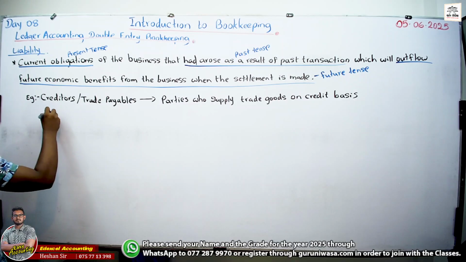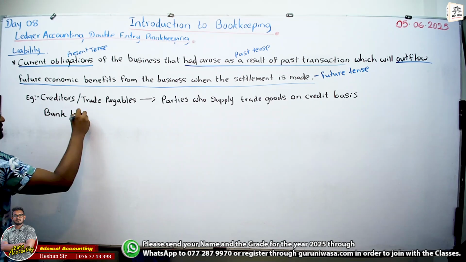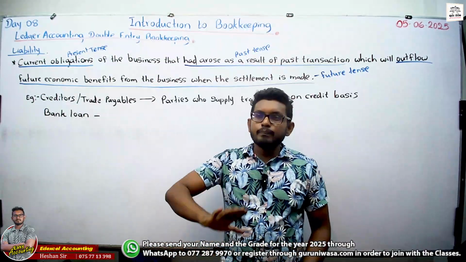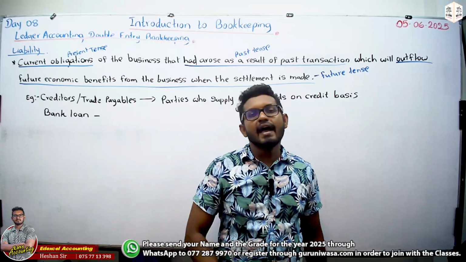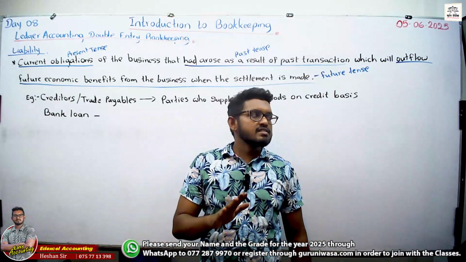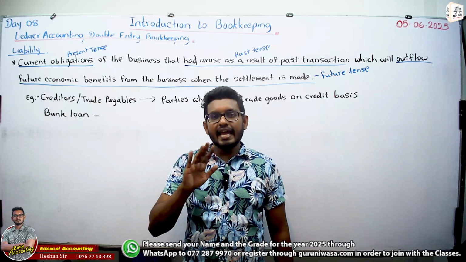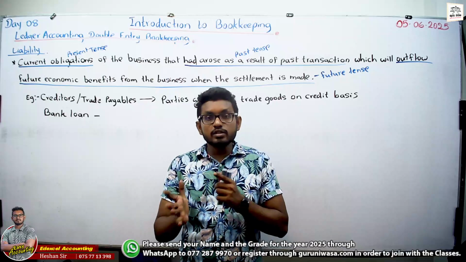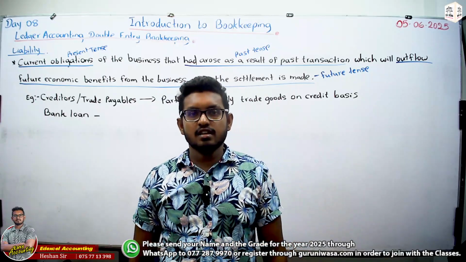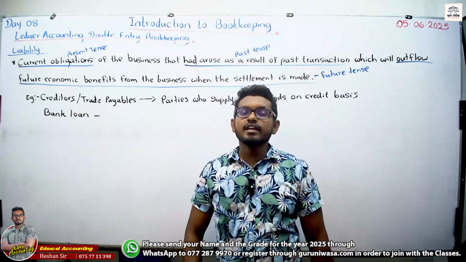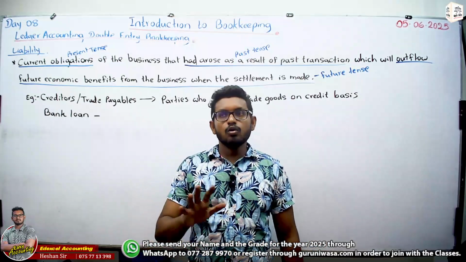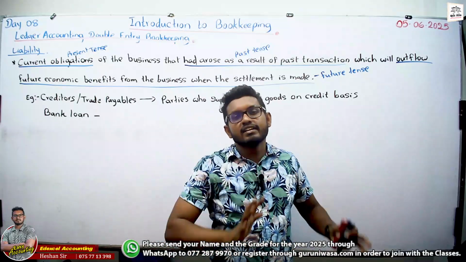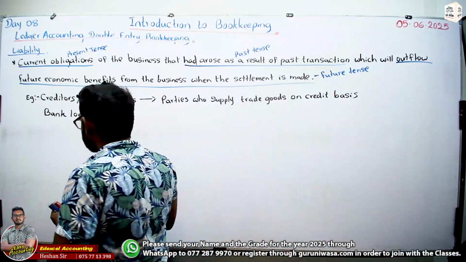bank loan. What is a bank loan? Normally, a systematic business obtains cash loans only from banks. A systematic business does not obtain any cash from another business. We only obtain goods on credit basis from another business. So that part we call creditors or trade payables. We don't obtain any cash from another business. We obtain cash only through banks. Clear? So what is the term called bank loan?